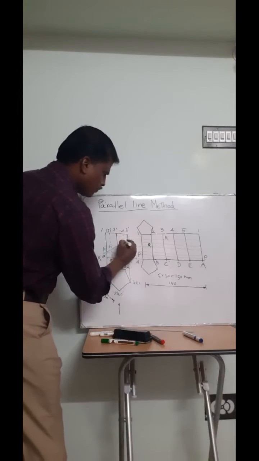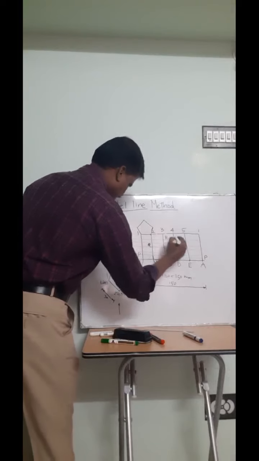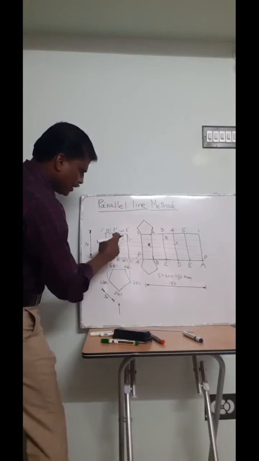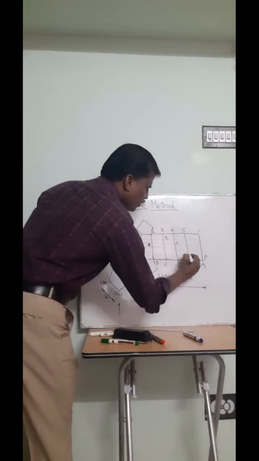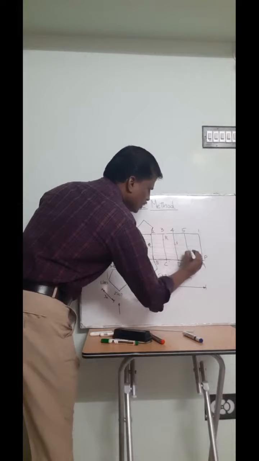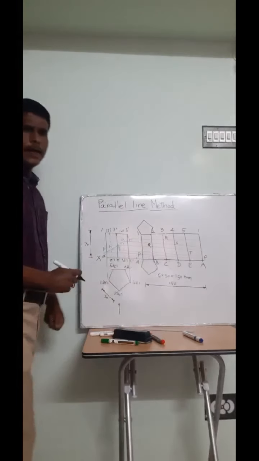In between 4 and D. So this is my S. Where is point T? In between 5 and E. Capital T. Then what is the last point? P. Automatically it will be there.